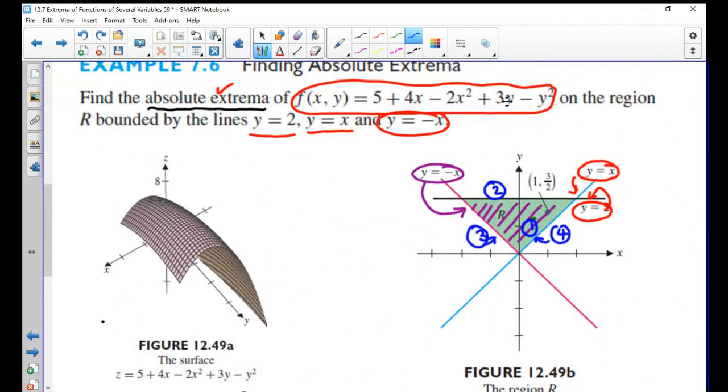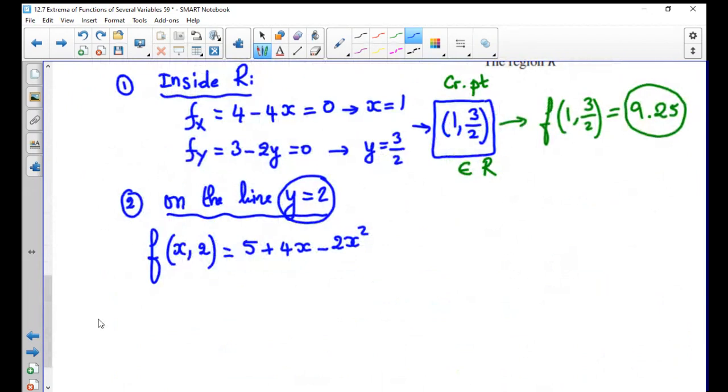So when y is 2, this will give us 6, and this will give us 4. So it's going to be plus 6 minus 4. So I get basically the function minus 2x squared plus 4x plus 7. Okay, good. Let's call this function h of x, because it's only a function of x now.